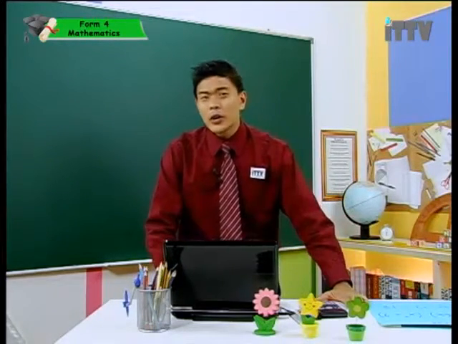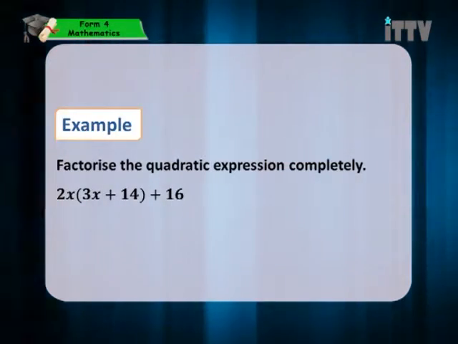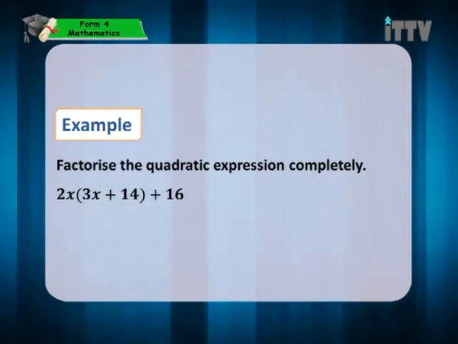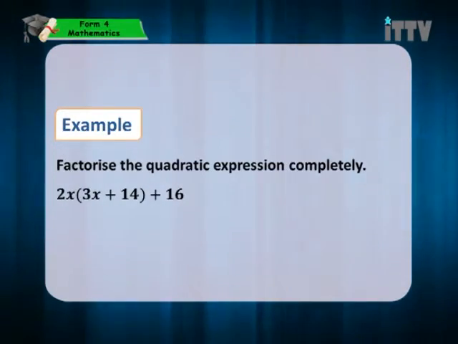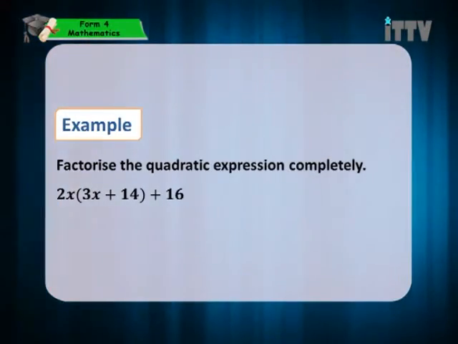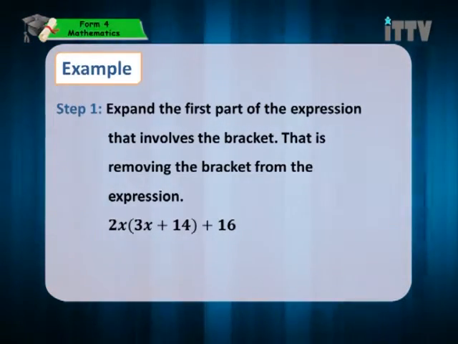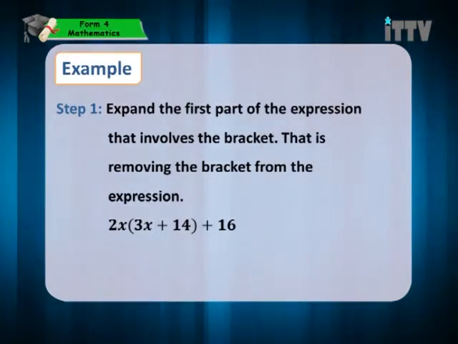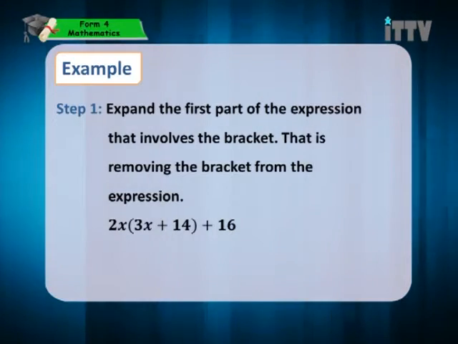Alright guys, now let's look at an example. Factorize the quadratic expression completely. We have the expression 2x bracket 3x plus 14, plus 16. And the keyword here is completely. In the first step, expand the first part of the expression that involves the bracket, that is, remove the bracket from the expression.